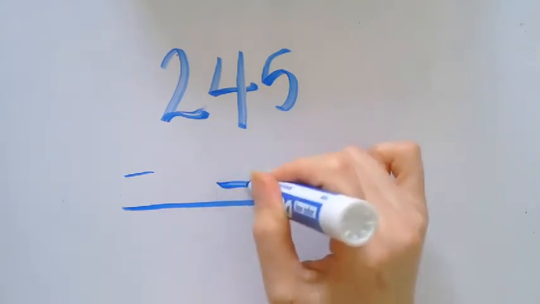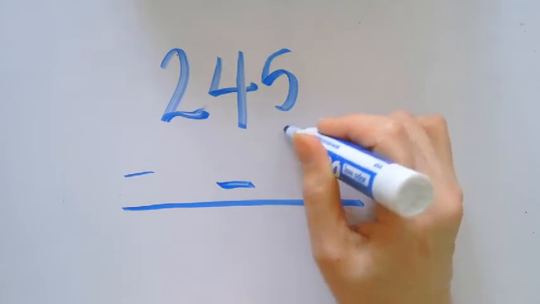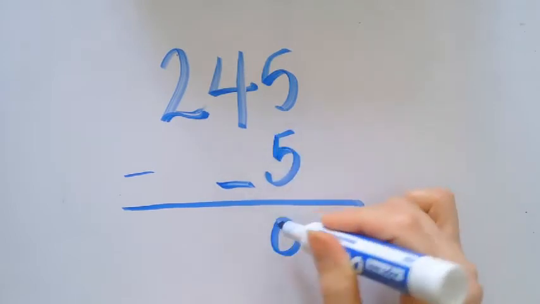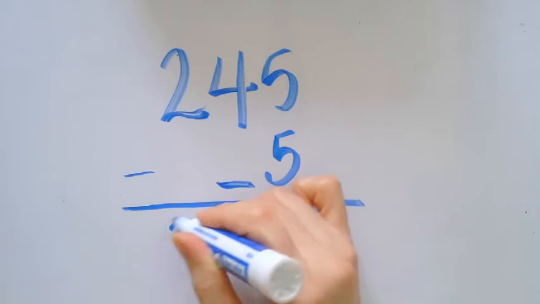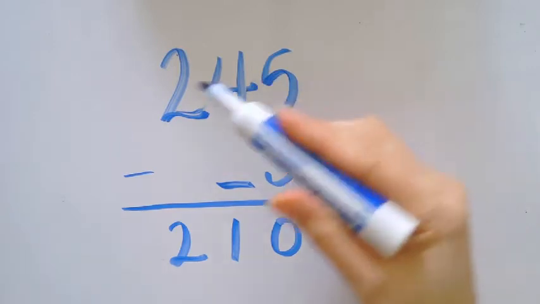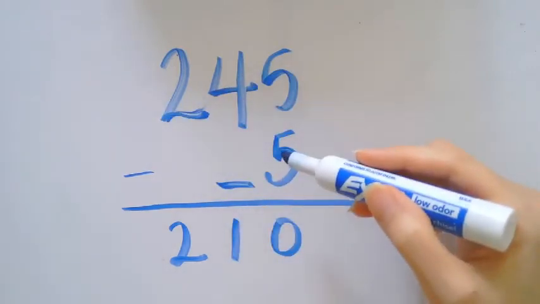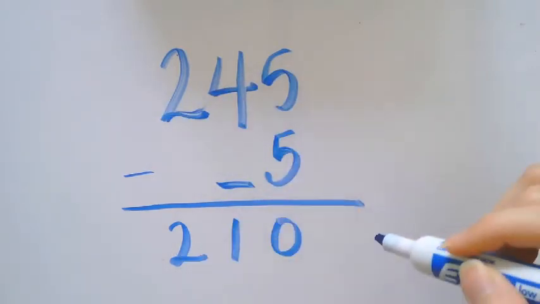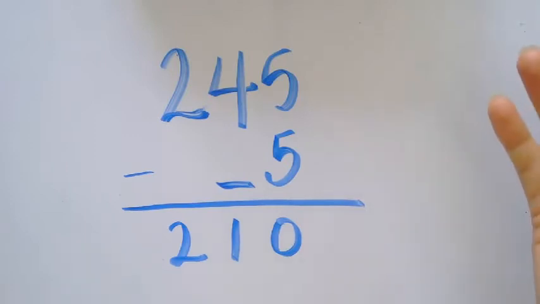I'm going to have an unknown here. All right, so starting with only one unknown number, I'm going to take 245 minus something, and it's going to give me 210.